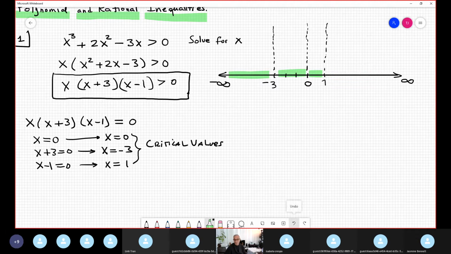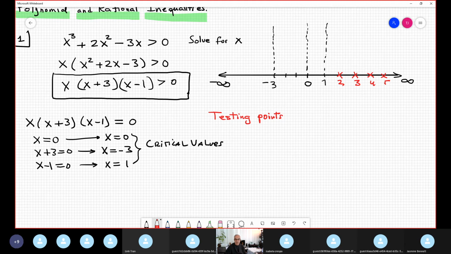It's logical, right? And now, using another color, you select one testing point, testing points, plural, because there are several, inside each interval. For example, I select 2. Someone may say, no, professor, I want to select 3, or 4, or 5.